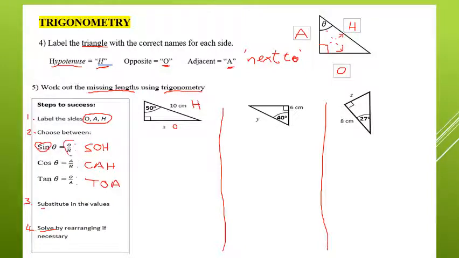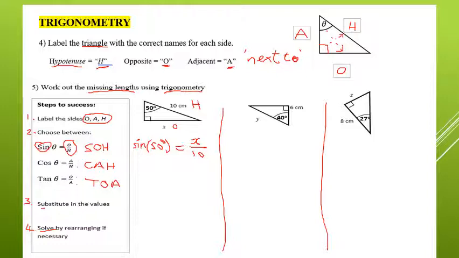We say sine, not sin; sin is the abbreviation, but we still say sine of 50 degrees. So sine of 50 degrees is equal to X, the opposite, divided by the hypotenuse, following the rule: opposite over hypotenuse.